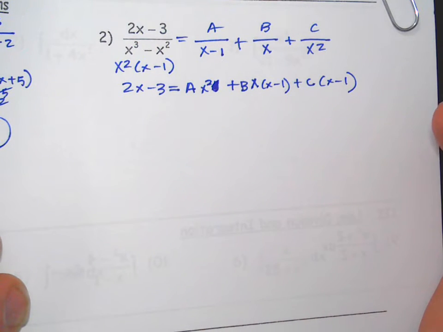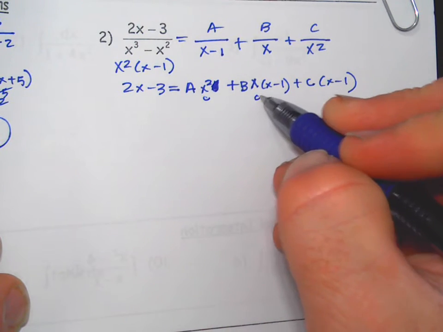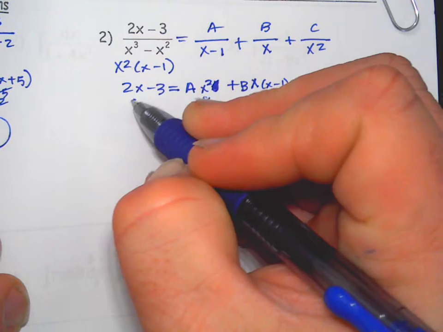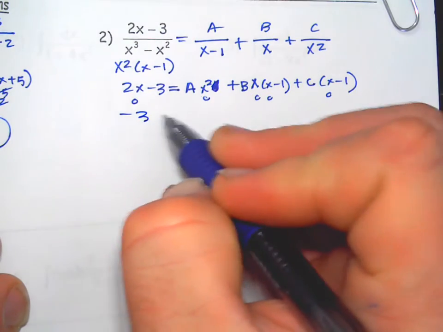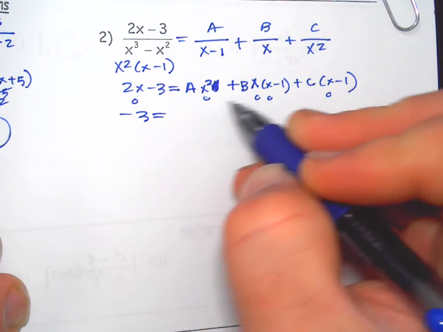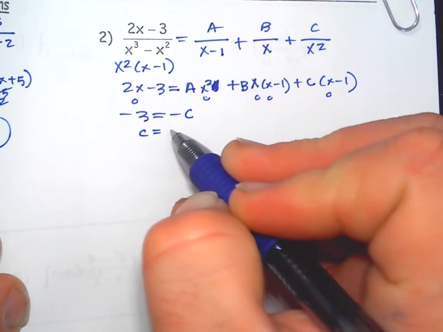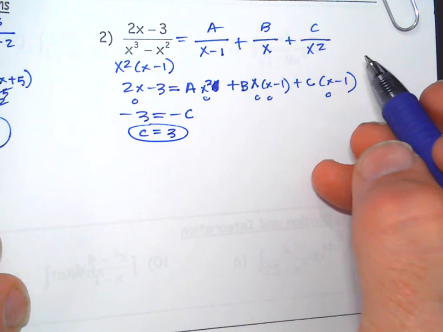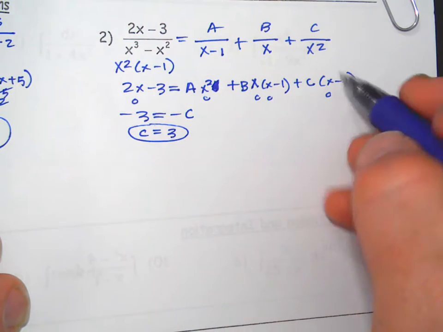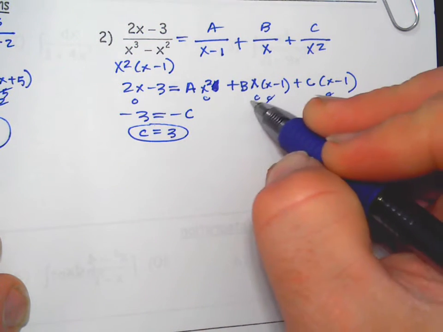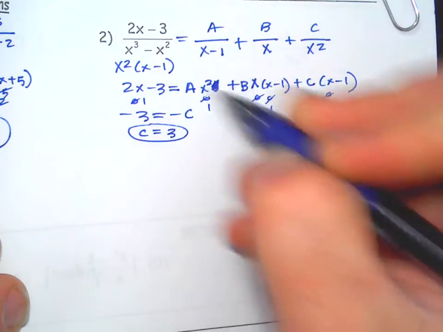So, I mean, we could plug 0 in to all the x's. And so that would give you -3 equals, that goes away, negative C, so C equals 3. We could plug 1 in to everything, okay?